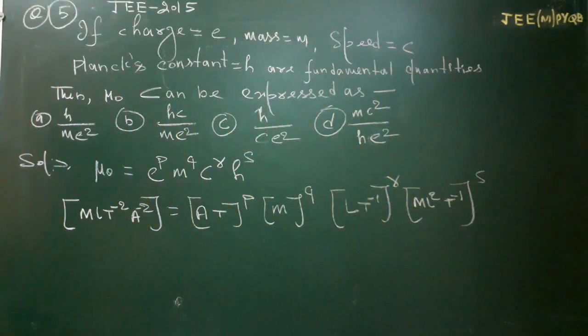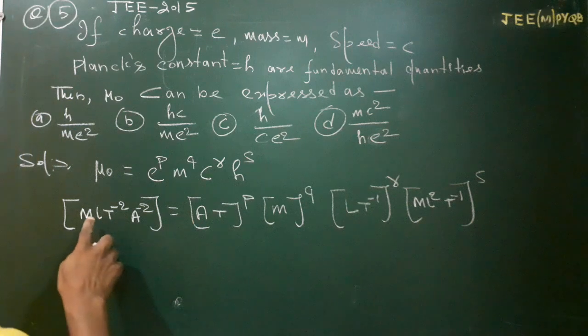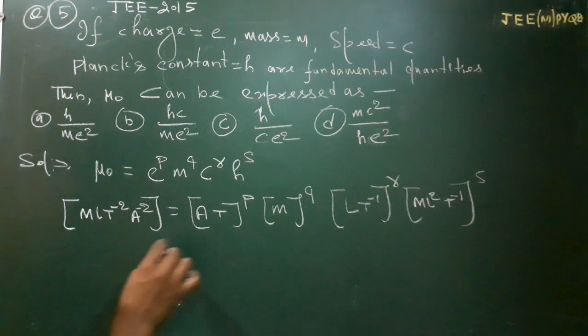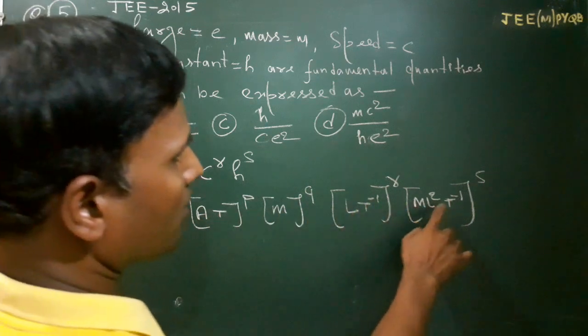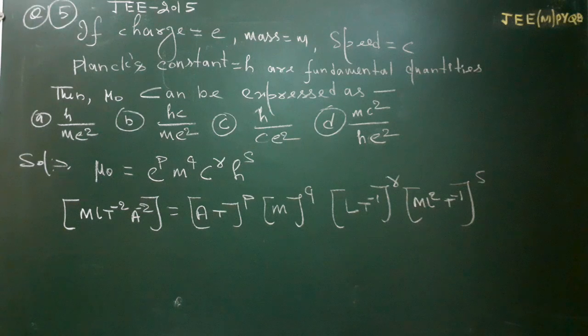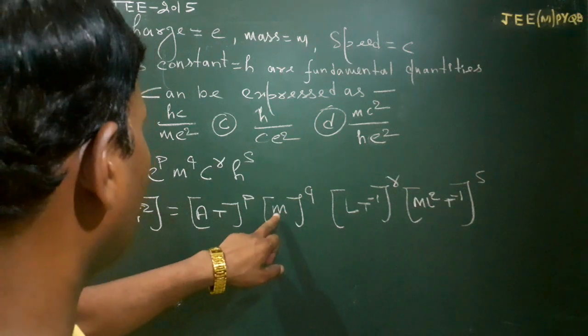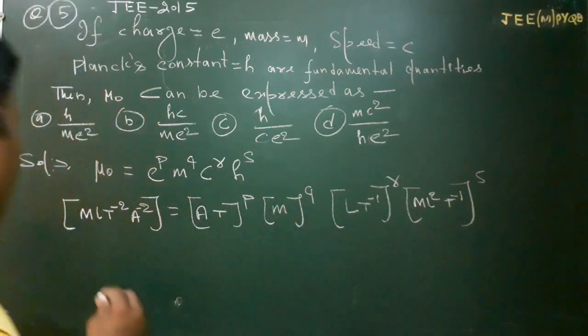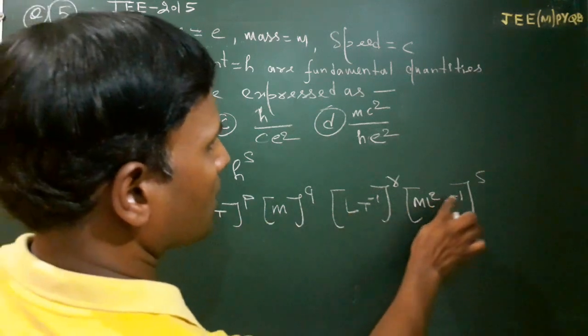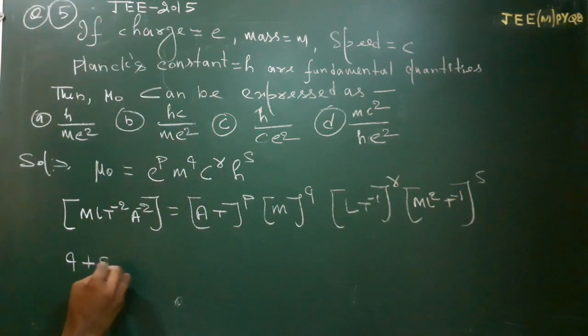So see here, the power of M on the left is 1, and only M to the power S gives mass, so S is equal to 1. Here Q as well, M to the Q, so you can write Q plus S is equal to 1. This is equation number 1.